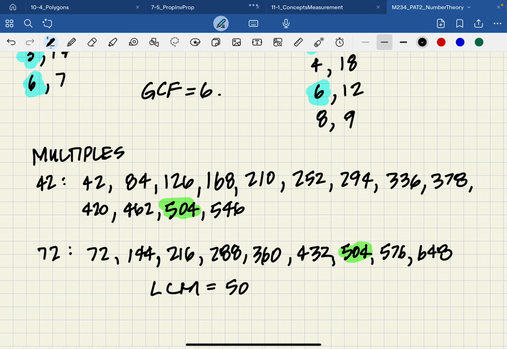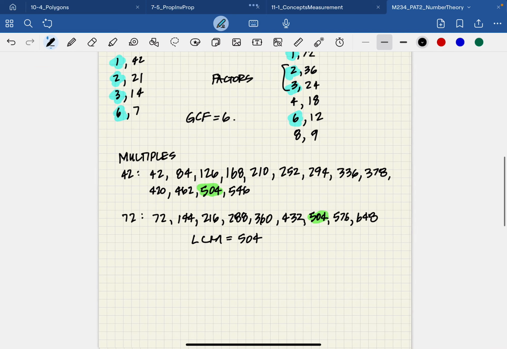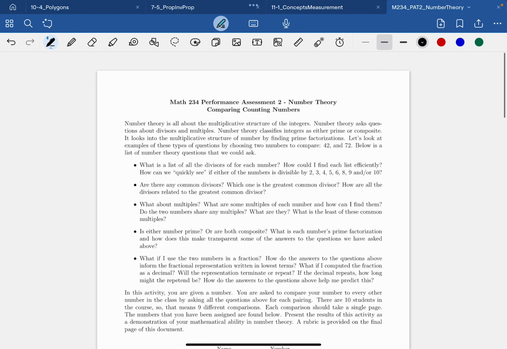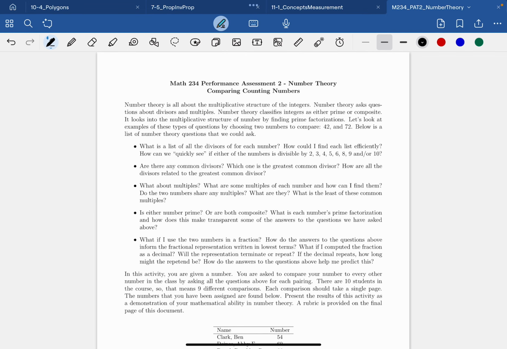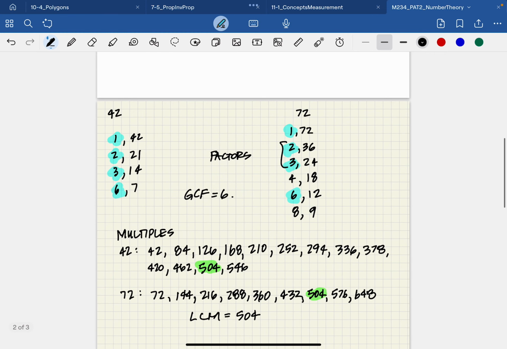It's 504. Okay. So let's see, what have we done so far? We found the divisors of the number. We found the common divisors, the greatest common divisor. I didn't really answer the question, how are all the divisors related to the greatest common divisor, but maybe you can see that here.